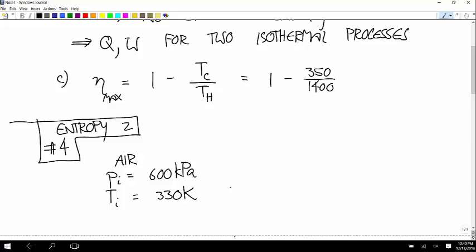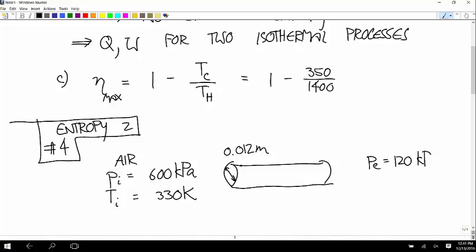The diameter of the pipe, so it's going through this pipe with a diameter of 0.012 meters, 1.2 centimeters, and it exits at a pressure of 120 kilopascals and a temperature of 300 K. And the air, we're using the ideal gas model. And it's steady state.